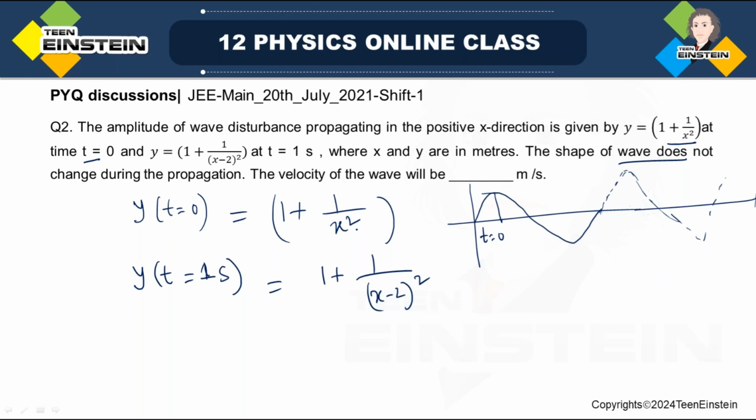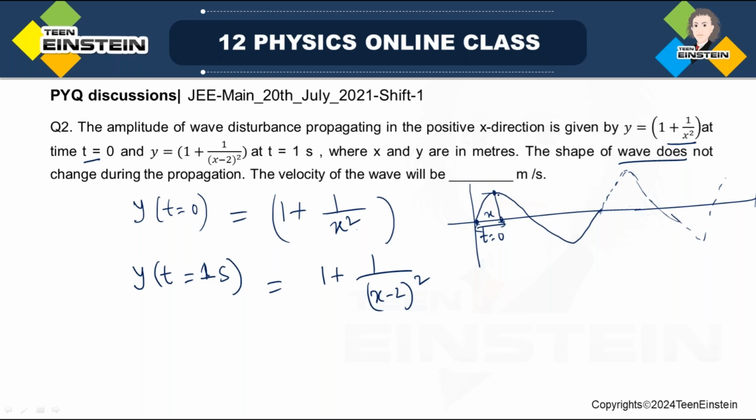So this is at time t is equal to 0. Generally, displacement will be like this: if I take any point at t is equal to 0, this is the displacement at x.